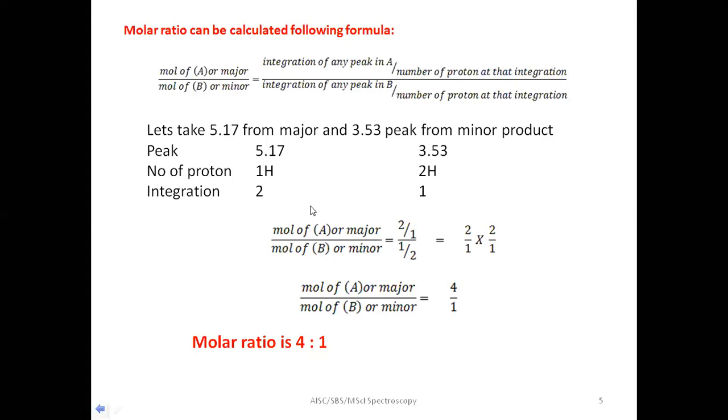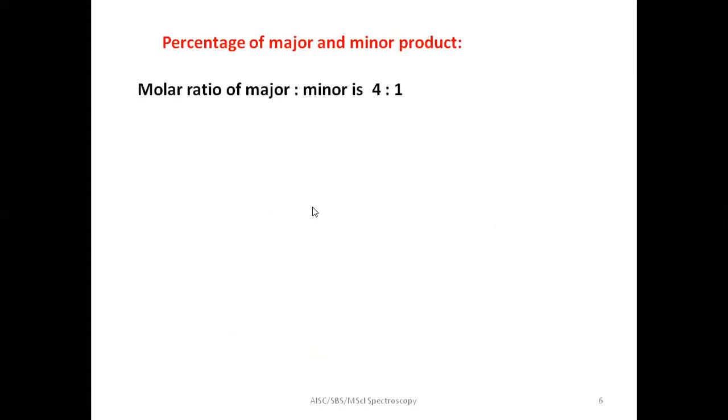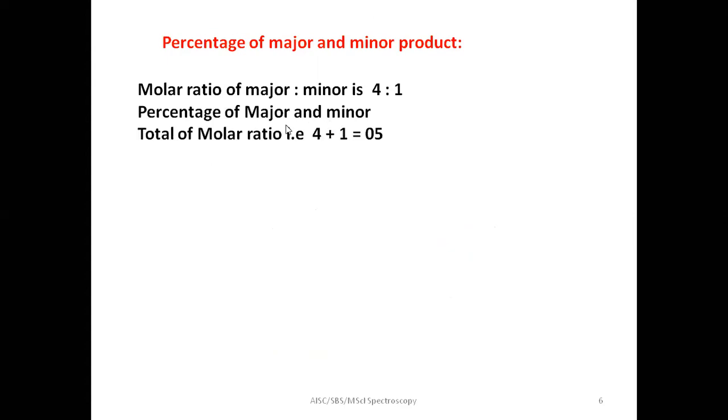So let's look at how to calculate percentage. The molar ratio of major to minor is 4:1, calculated as previously. So for the percentage of major and minor, the total molar ratio becomes 4 plus 1 equal to 5.